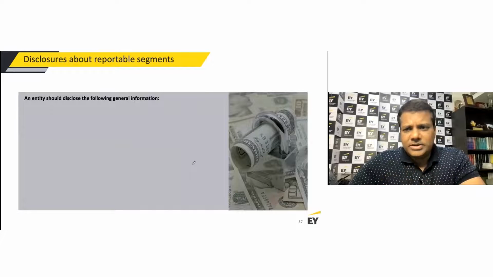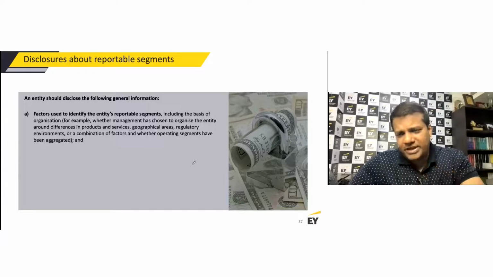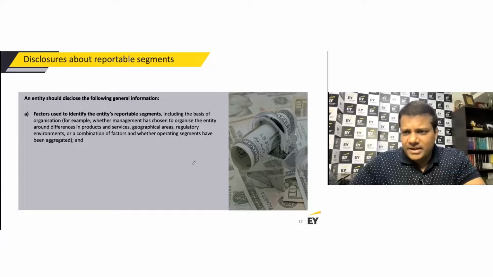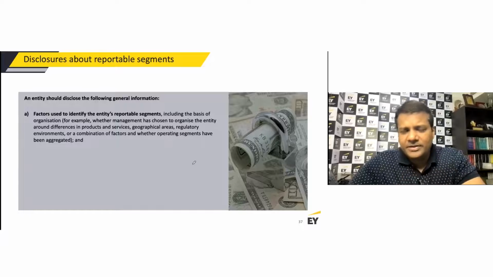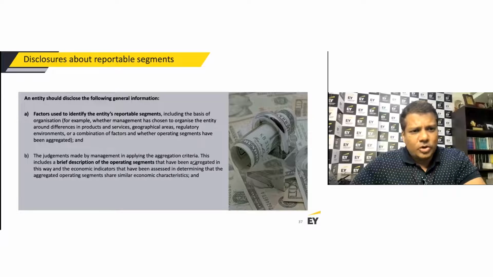You should disclose additional information used to identify how you identified, right? Again, making reference to the CODM, making reference to the discrete financial information, and looking at the aggregation criteria. So all of that is what you do.